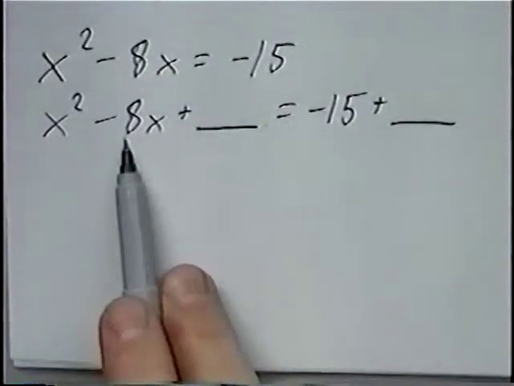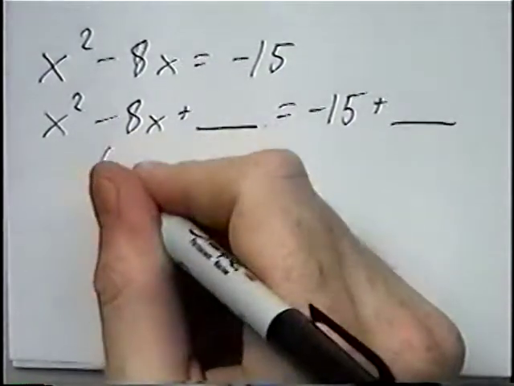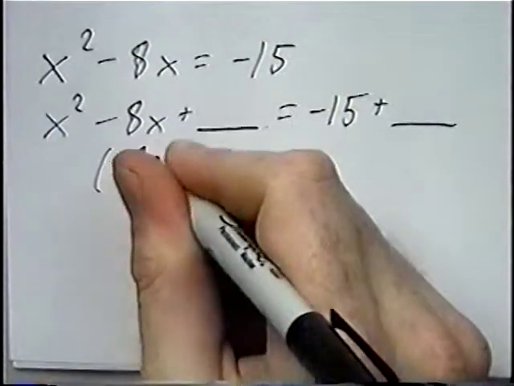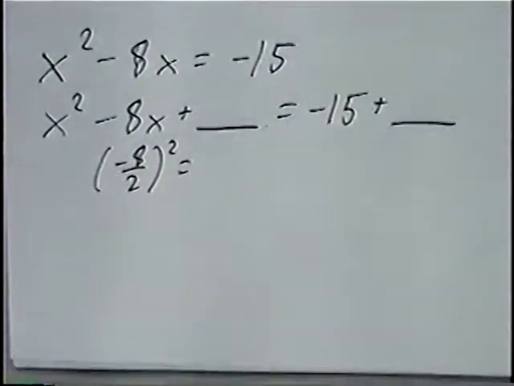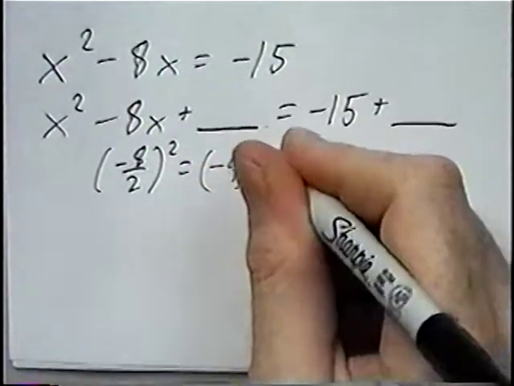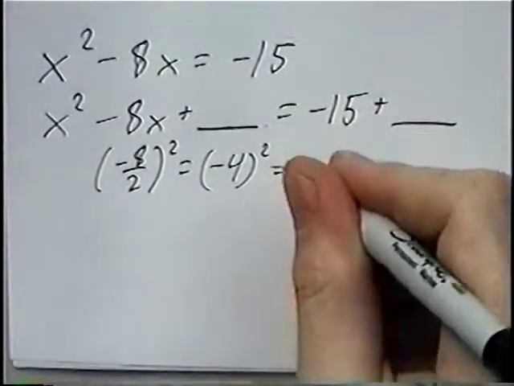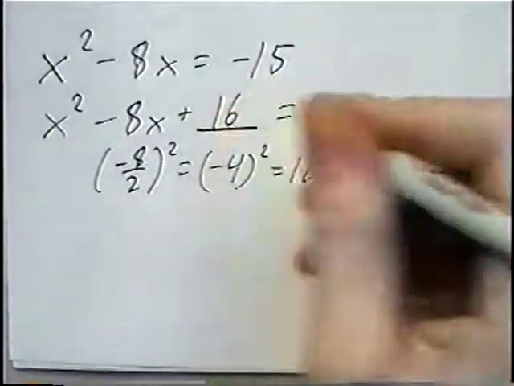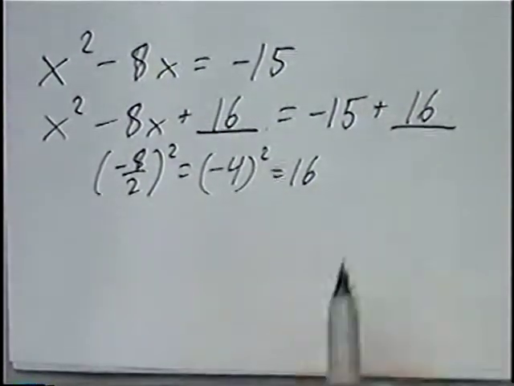To find the number, we take the value of b, which is negative 8, divide by 2, and square the number. Negative 8 divided by 2 is negative 4, and negative 4 squared is 16. So we'll add 16 on both sides of the equation.